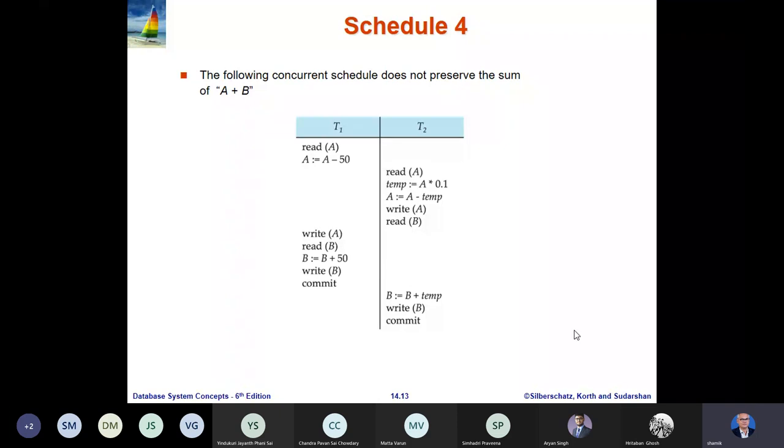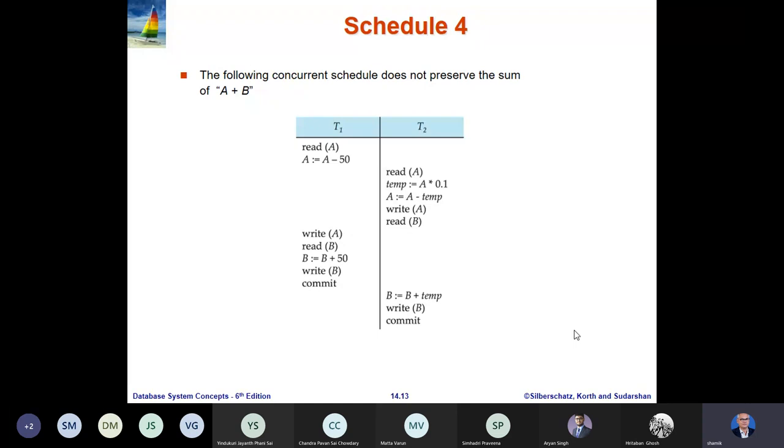But if we allow this type of concurrent execution forming such a schedule 4, it does not preserve isolation, because if these transactions were executed in isolation, first T1 then T2 or T2 then T1, you would never end up with the values of A and B that you get from such a schedule.